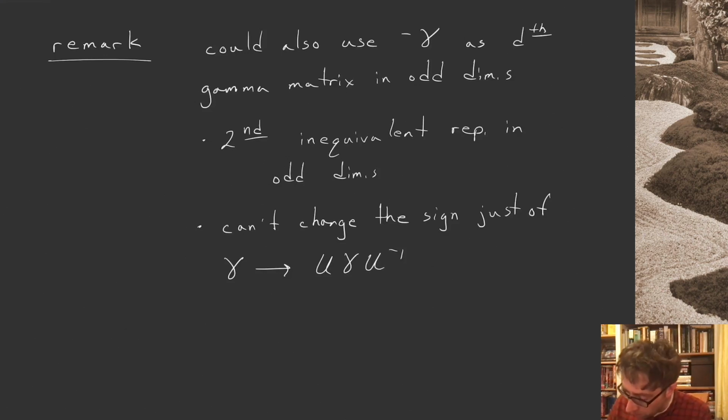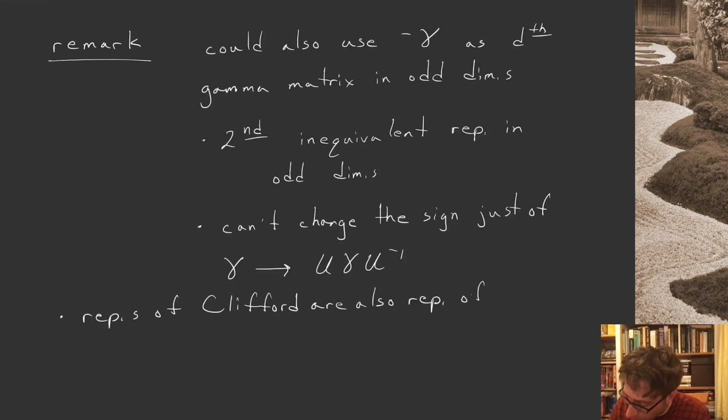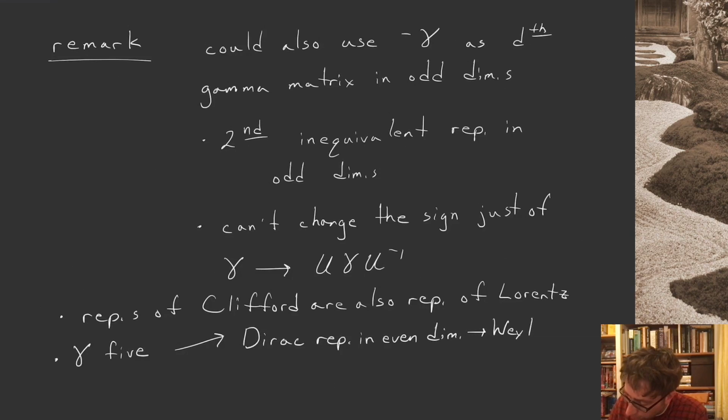So I think maybe we should just recap here at the end before we bring things to a close. We learned that representations of the Clifford algebra are also representations of the Lorentz algebra. And we learned about the gamma 5 matrix. It showed us how to decompose the Dirac representation in even dimensions into two Weyl representations.